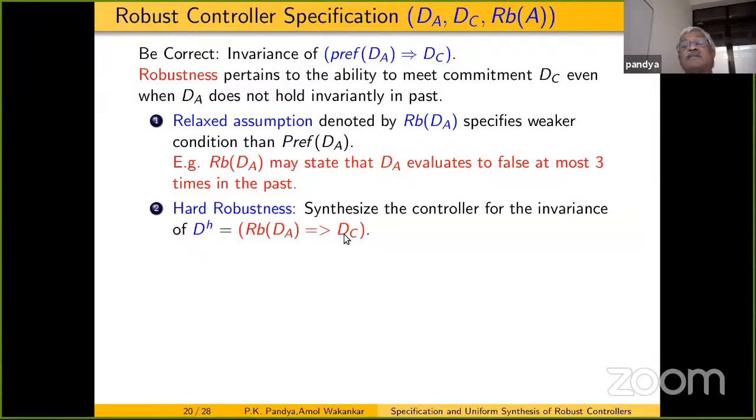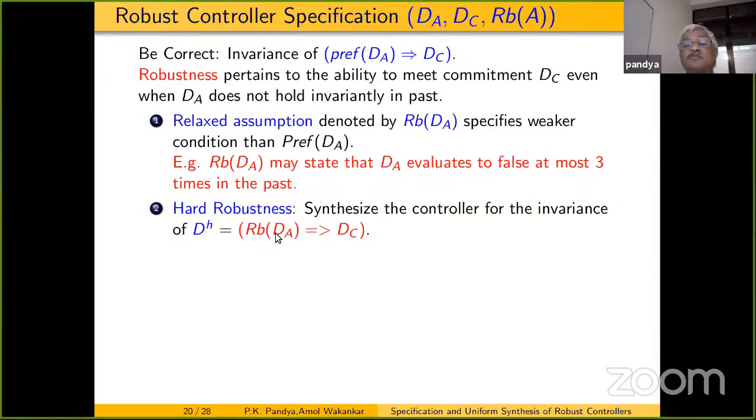So I will tolerate up to 3 assumption violations, right? And of course, we will talk about various different RB of A's which are specified by logic, and for each one of them we will have a hard robustness requirement. So the hard robustness requirement says that I will guarantee that the commitment will hold provided my relaxed assumption holds.